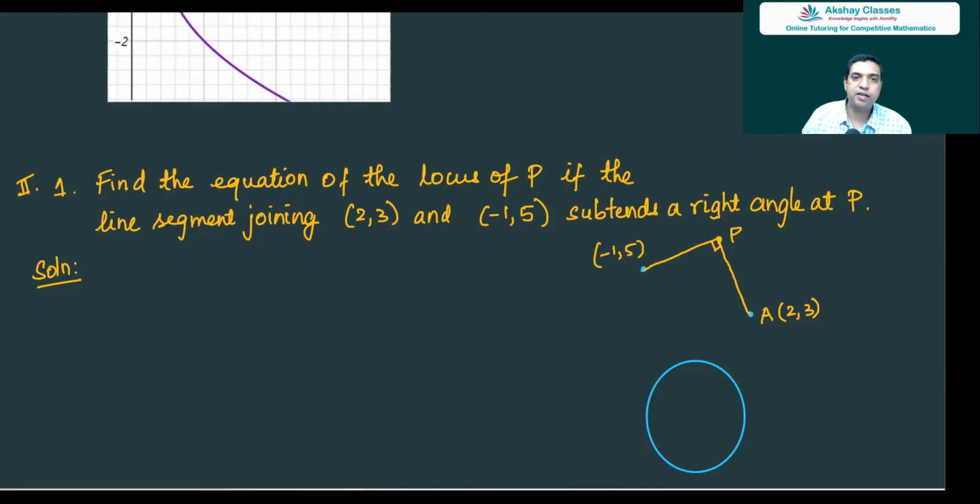Now in geometry, which angle does a diameter subtend on the circumference of a circle? What does a diameter subtend, which angle on the circumference of a circle?